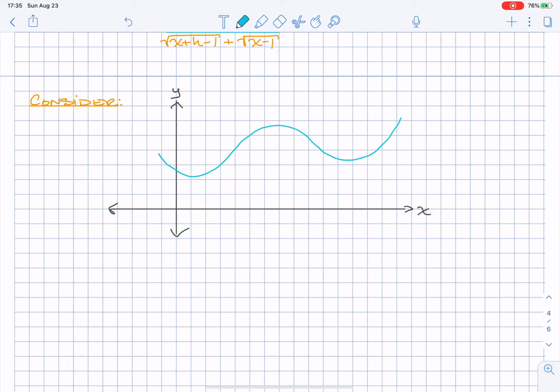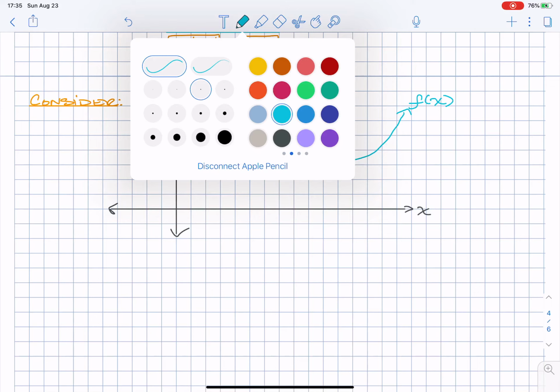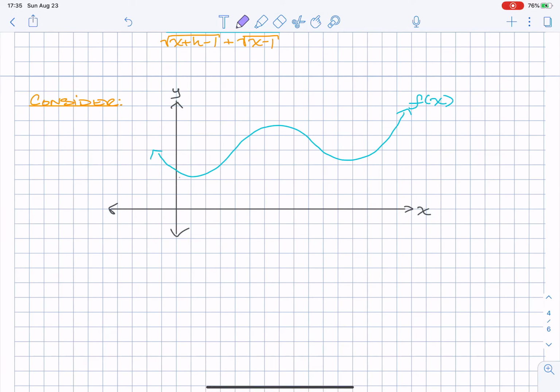Sinusoidal in a sense. So here's my function f of x. So notice that at this point here, let's call this A, looks like we've hit a trough of sorts, which we can call a minimum, if you will.